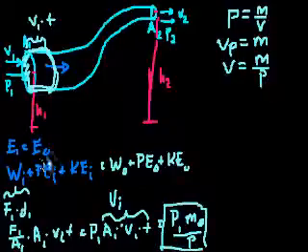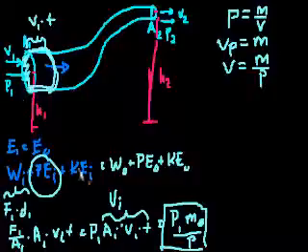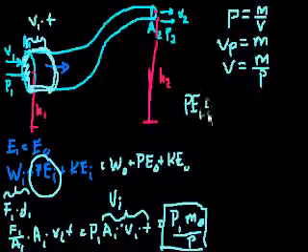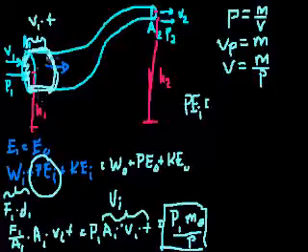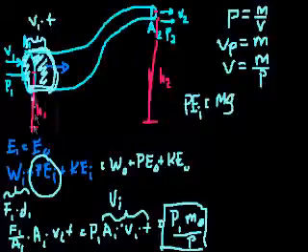What is the potential energy of the system on the left-hand side? Well, the potential energy input is going to be equal to that same mass of fluid that I talked about, times gravity times the initial height, h1.